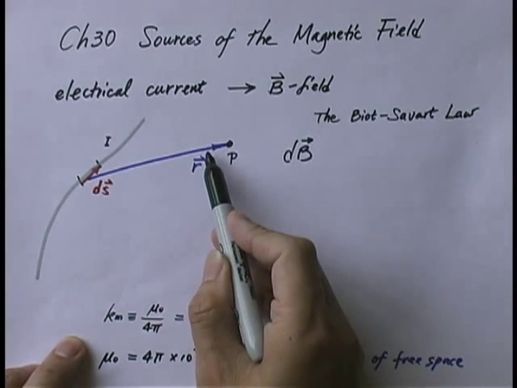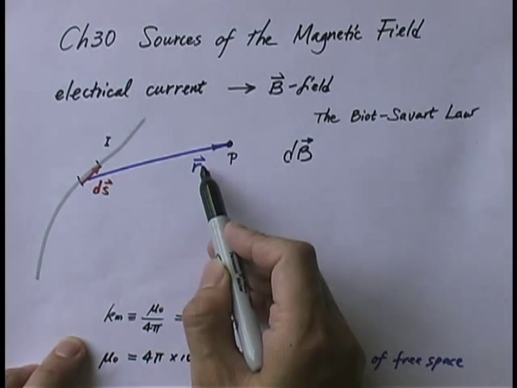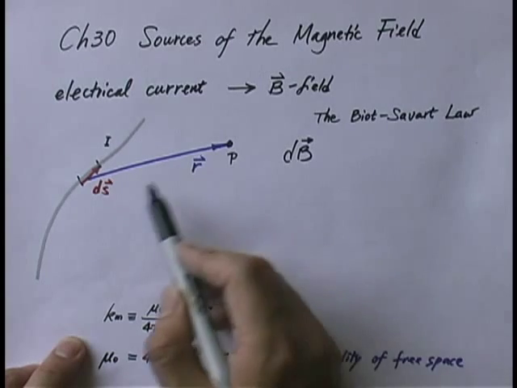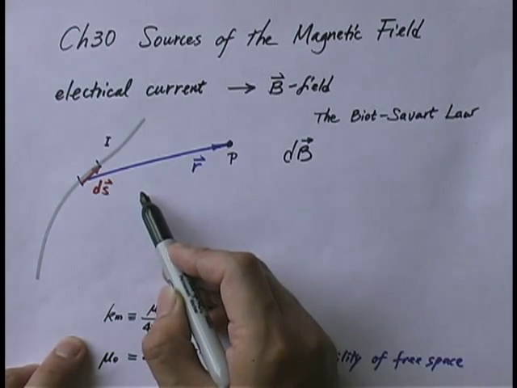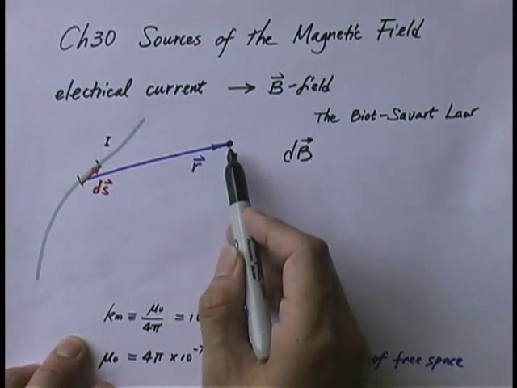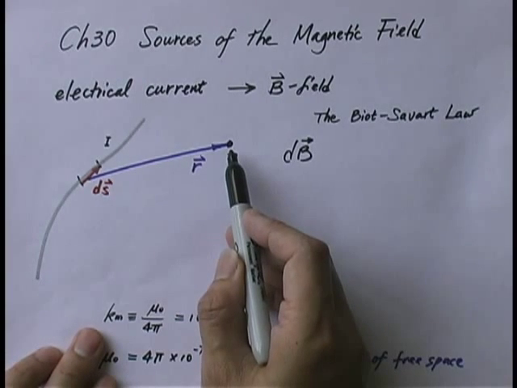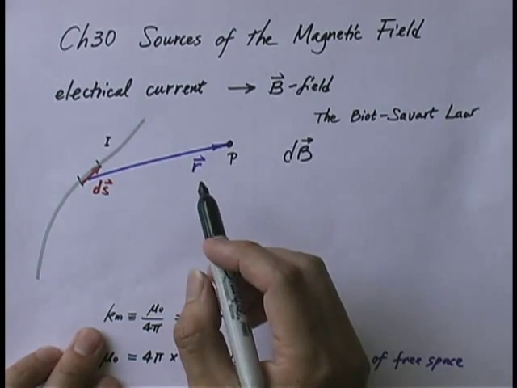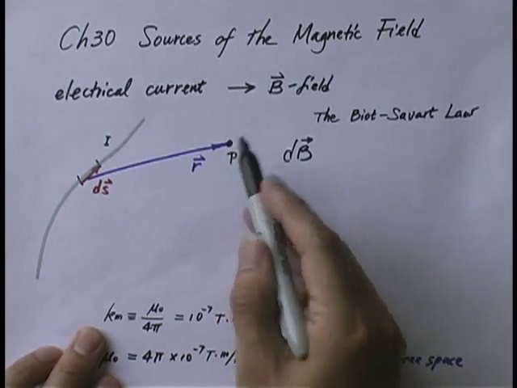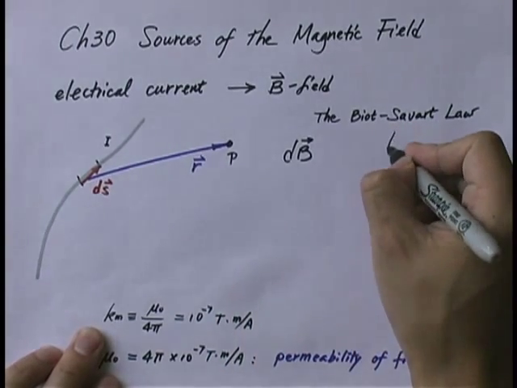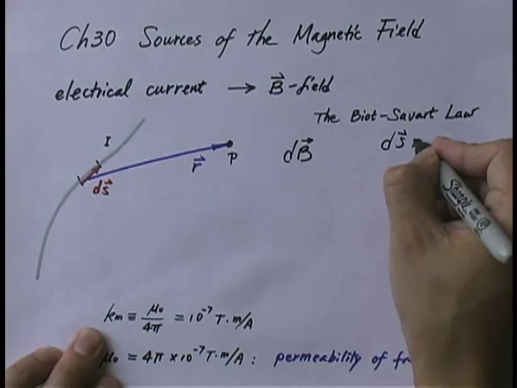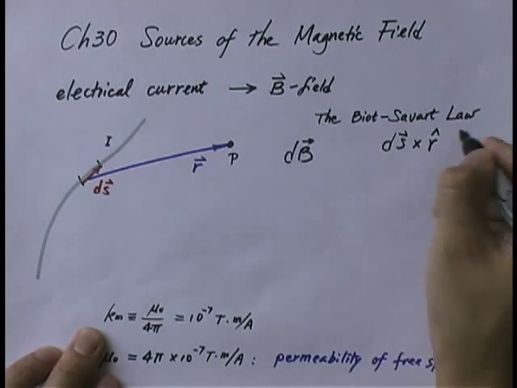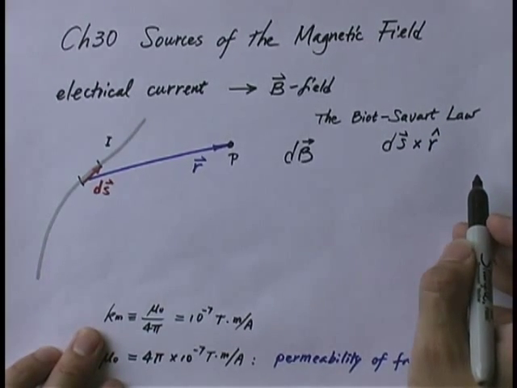In other words, it will be in the direction of ds cross r, or r cross ds. Which one do we pick? That is entirely due to convention. It's how we define the positive direction of the magnetic field. So it is not a surprise to see that dB is proportional to ds cross the unit vector r. That is as far as the direction is concerned.